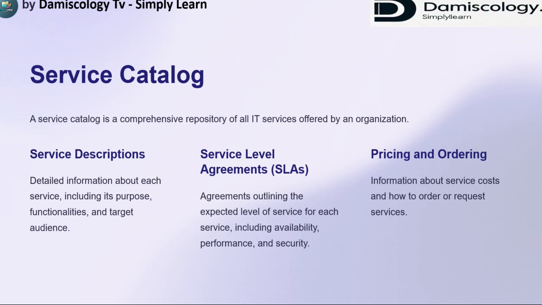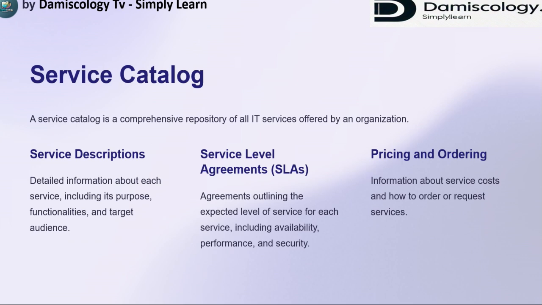Service catalog. A service catalog is a comprehensive repository of all IT services offered by an organization. The service catalog is a document, a repository that contains all IT services, all IT assets of the organization for proper tracking and management.